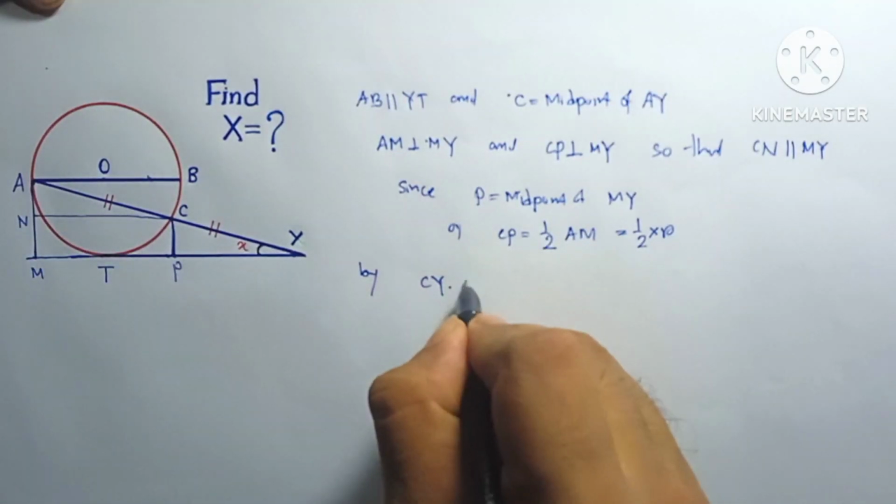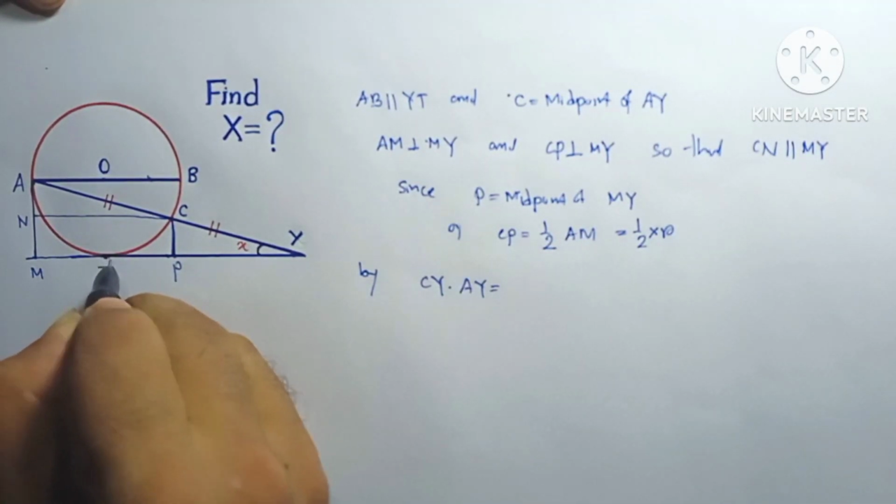TY multiplied by AY is equal to TY square, as this TY is the tangent.